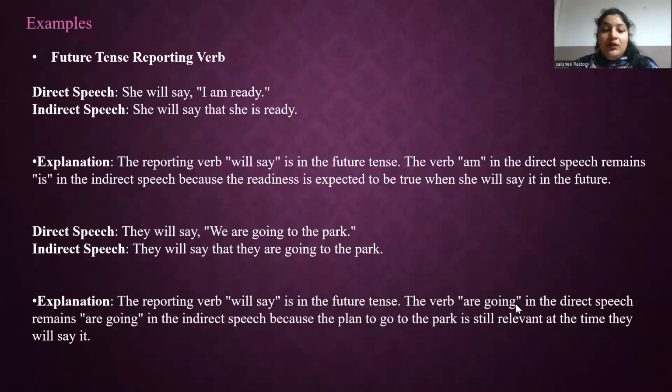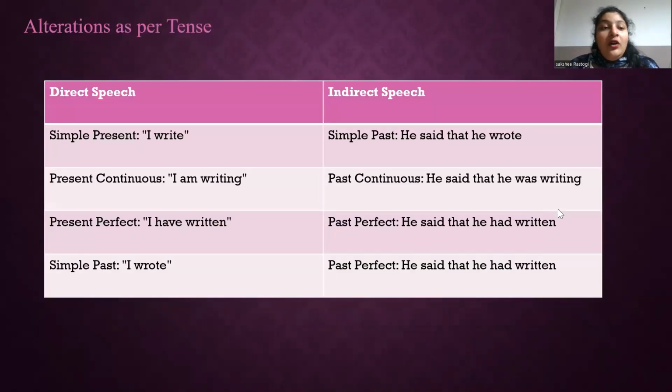Now go to the next slide. Tense alterations in sentences: the tense alterations between direct speech and indirect speech. In indirect speech, simple past is he said that he wrote.